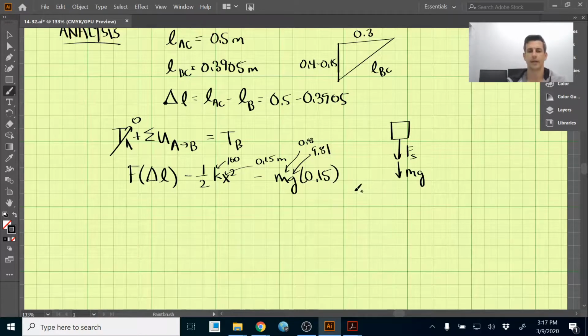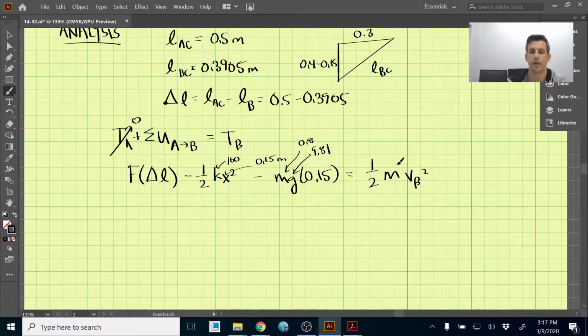All right, and then the right-hand side of the equation is the kinetic energy, 1/2 times the mass times the velocity at B squared. The mass is 0.8 kilograms. The velocity at state B is given in the problem as 2.5 meters per second.